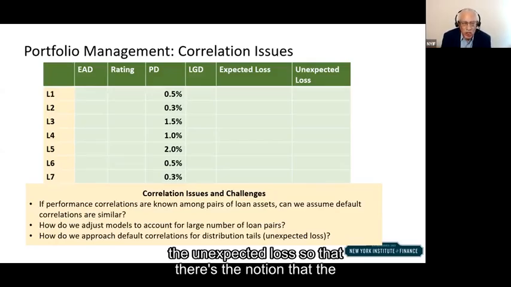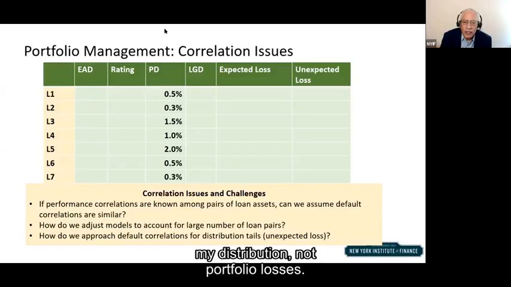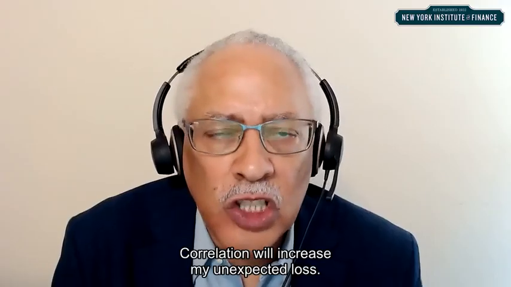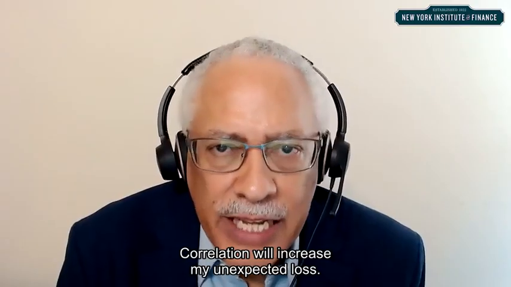So there's the notion that the more highly correlated, or the more impact of correlation on the portfolio, the fatter the distribution of my portfolio losses. Correlation will increase my unexpected loss.